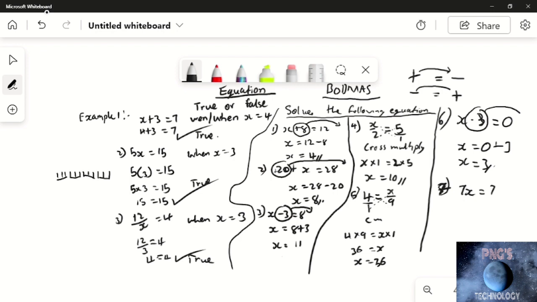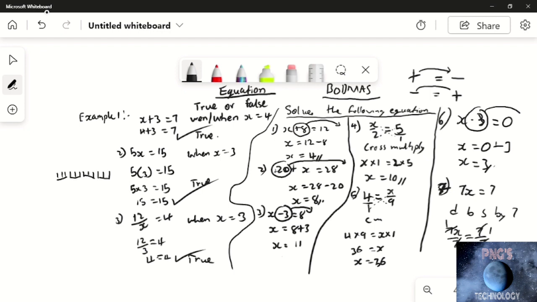We divide both sides by 7. So now 7x over 7 equals 7 over 7. 7 here 1, 7 here 1, 7 here 1, 7 here 1.